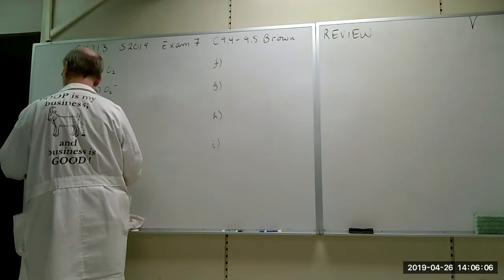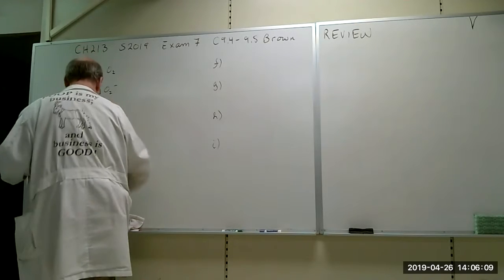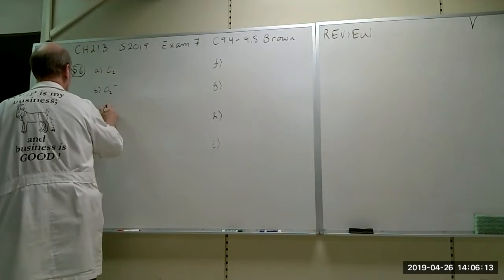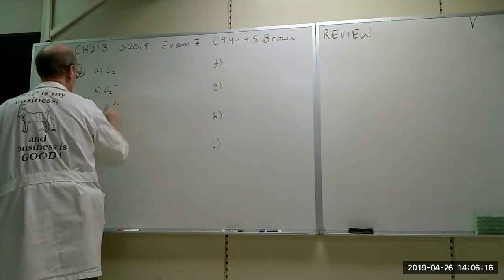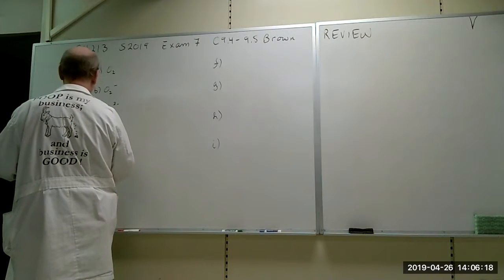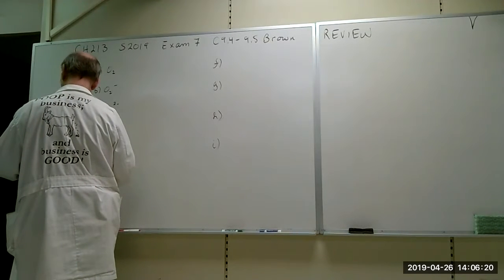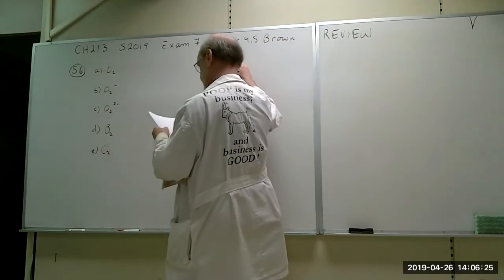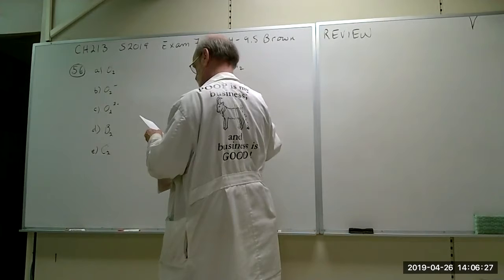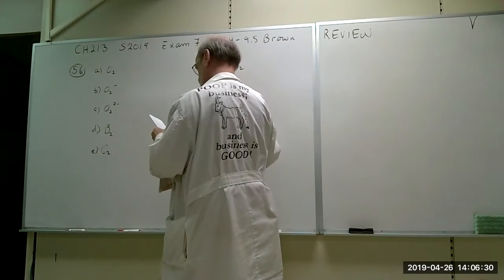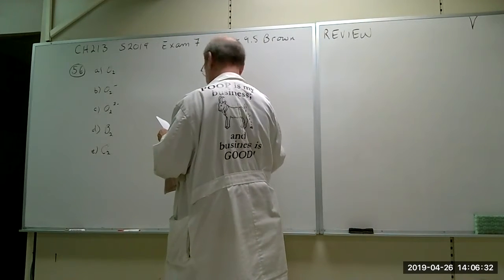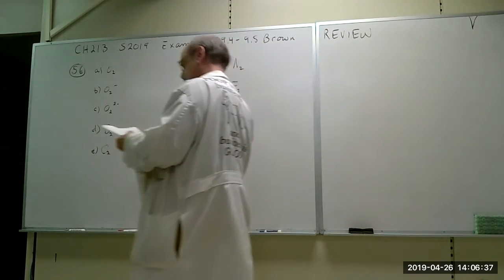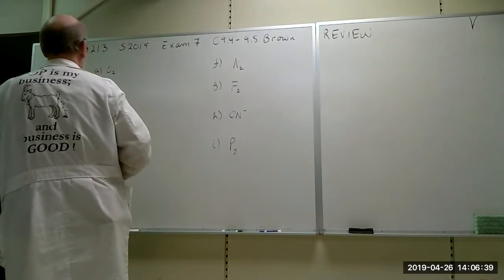Did I skip one? Yes. Oh, O2 2 minus. Yeah. Thank you. O2. D is diboron. E is dicarbon. F is N2, F2, CN minus. Okay.